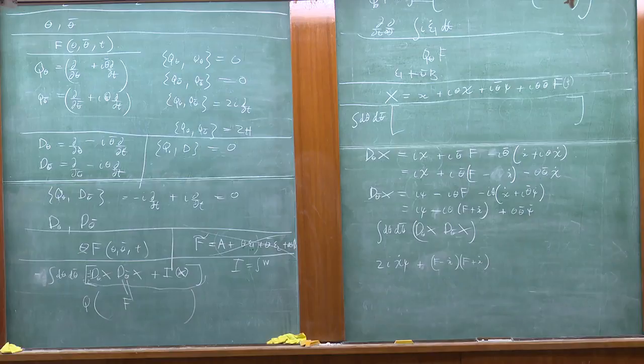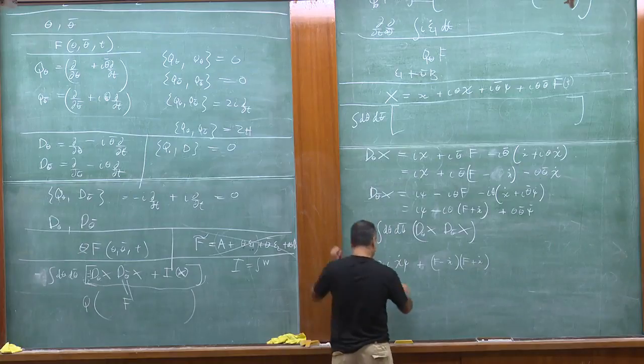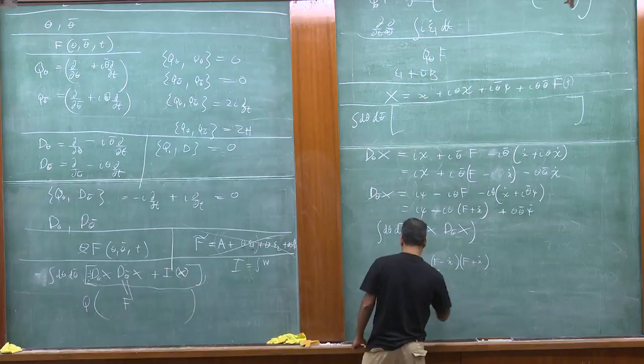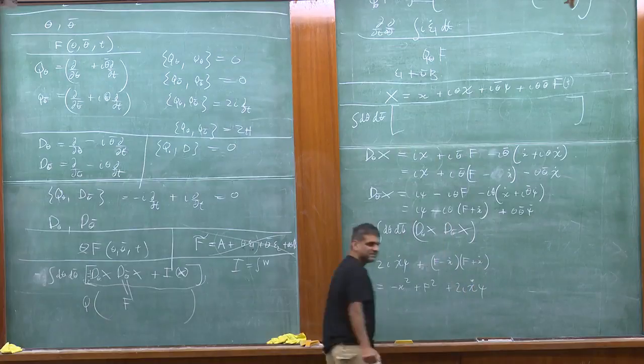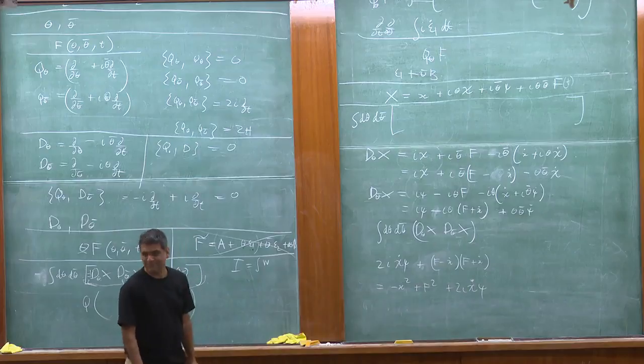Okay. So this equals minus x dot squared plus f squared plus 2I chi dot psi. Now that was when we didn't multiply by the minus half.